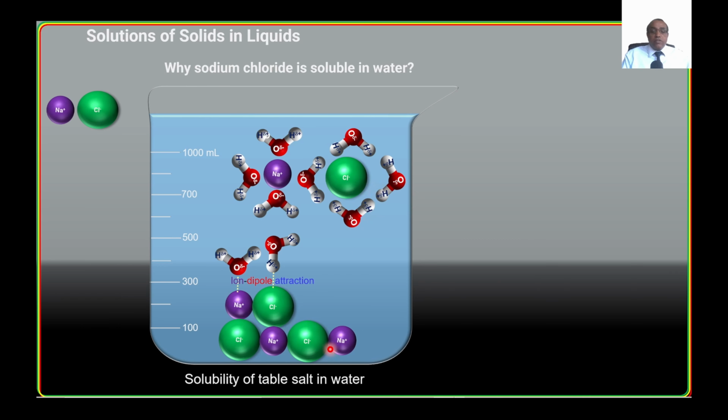These are separated from their crystal lattice and surrounded by water molecules. In this case, we call it hydration. So the ions will be hydrated, and the sodium chloride will be dissolved in water. This is a simple description. I hope this gives you some idea about how these ionic compounds are soluble in polar solvents such as water.